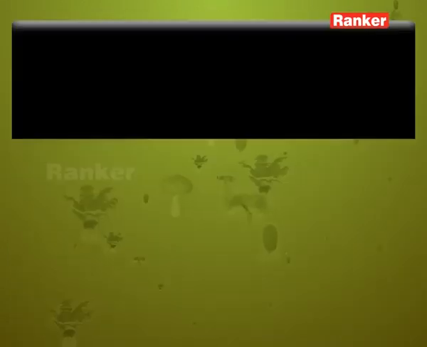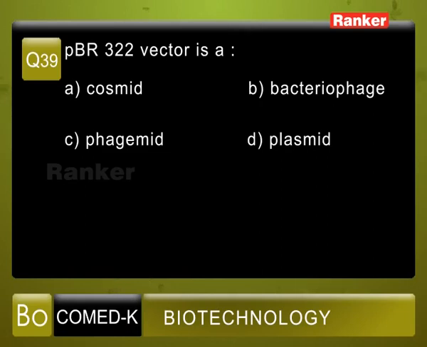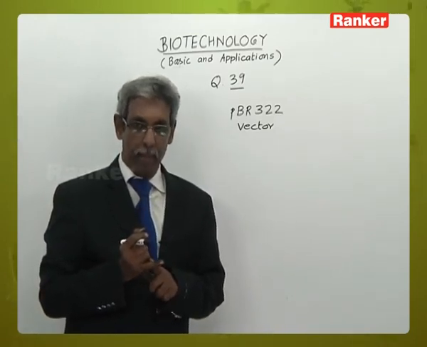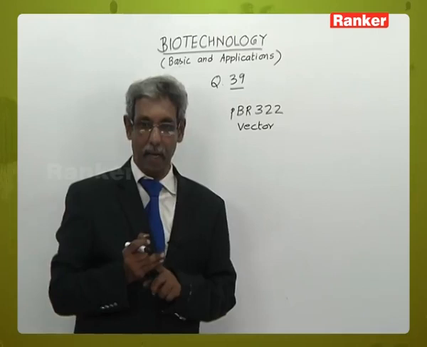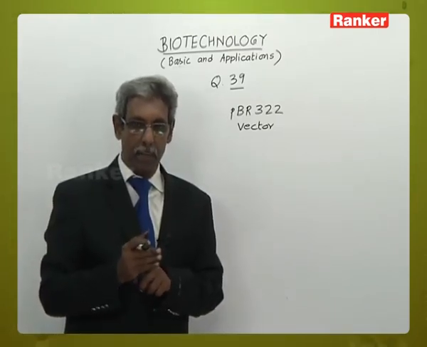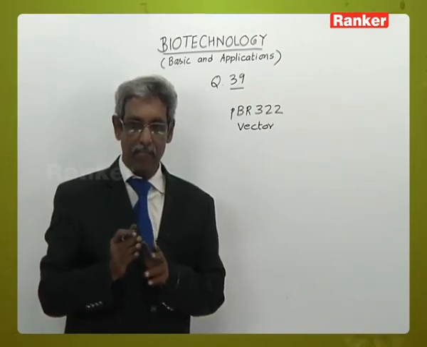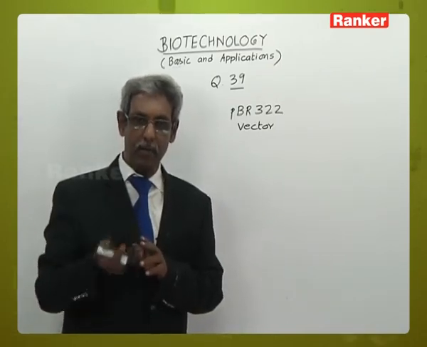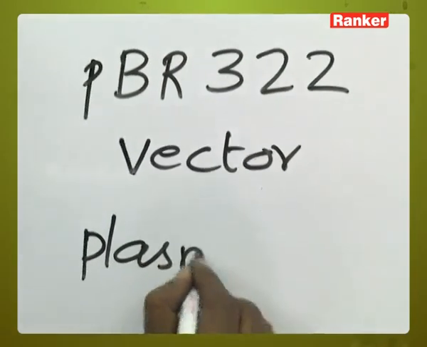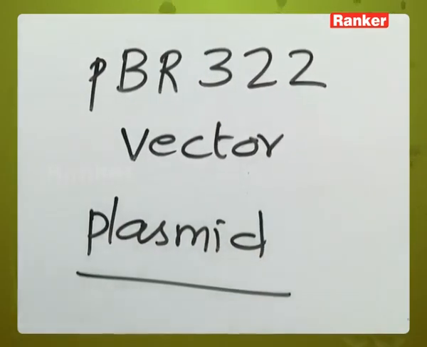We go to question number 39. pBR322 is a vector. Is it a cosmid? Is it a bacteriophage? Is it a phagemid? Or is it predominantly a plasmid vector? A cosmid is an artificial construct. Bacteriophage is a virus which attacks a bacteria. A phagemid is again an artificial insert, but a well-studied vector which is primarily used in genetic engineering is the plasmid vector pBR322.